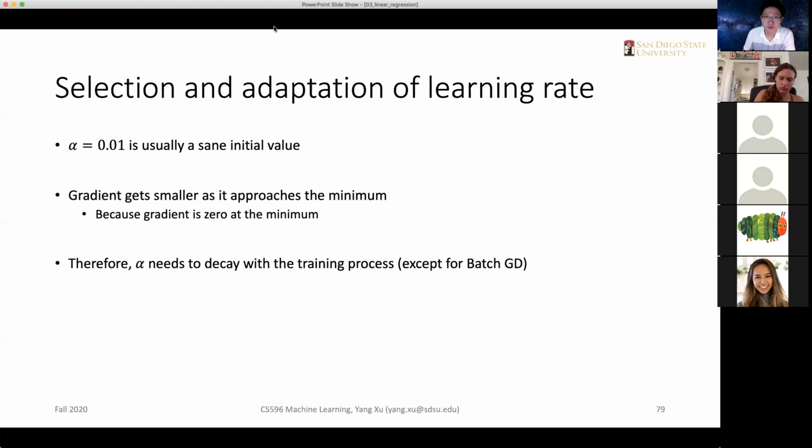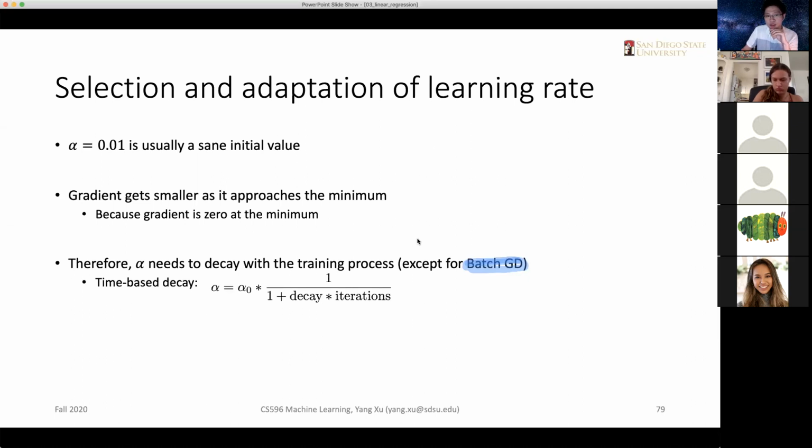Here I said except for batch gradient descent; I will talk about this term later, we haven't talked about it yet. Basically, we want alpha to decay incrementally during the process, because we want the steps to be smaller and smaller when we reach the minimum point. If we take too big a step, we will miss the minimum point. We want our parameters to be as close to the minimum point as possible. That's the basic thought of adapting the learning rates.